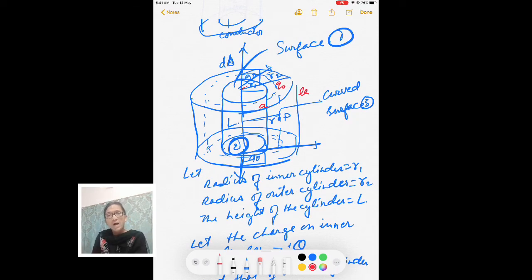But our potential is work done by an external source. So if electrical force is doing work from A to B, then any external agency will be doing work from B to A in pushing it inward.